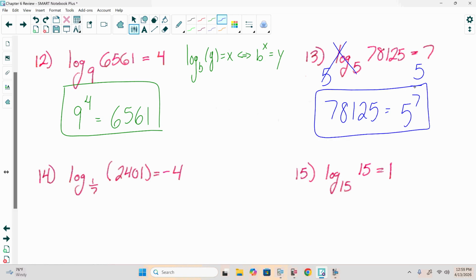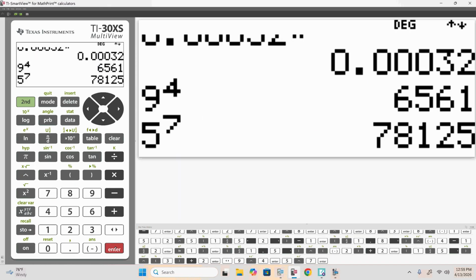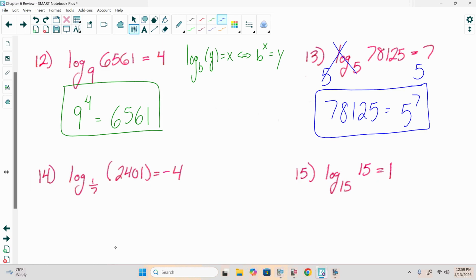So we can either do the switching method or apply the base of the logarithm to both sides, giving us this here. And if we wanted to check, 5 to the 7th power is indeed 78,125. Both ways work. And for this here, it's just seeing whichever way you feel more comfortable with. Questions on this here?